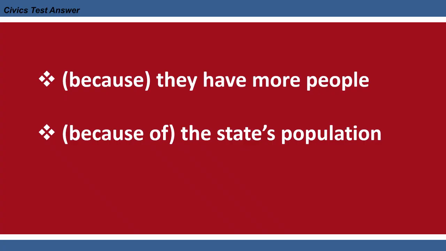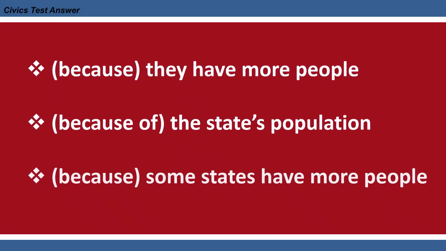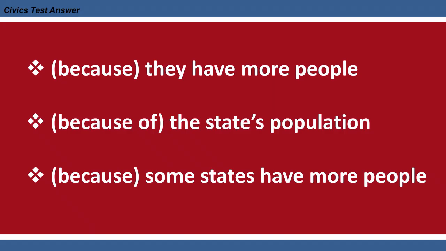But even today, lawmakers continue to debate whether representation in the House should be based on the total population of a state or on account of its citizens only. Currently, citizens and non-citizens alike are counted when determining number of representatives. Some states have more representatives than other states because some states have more people.